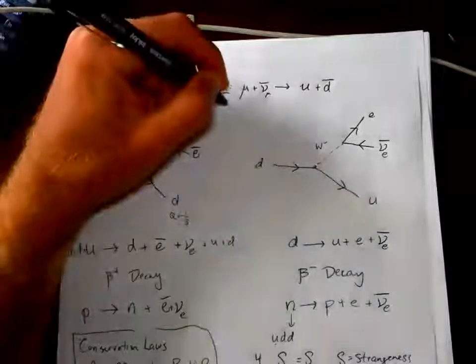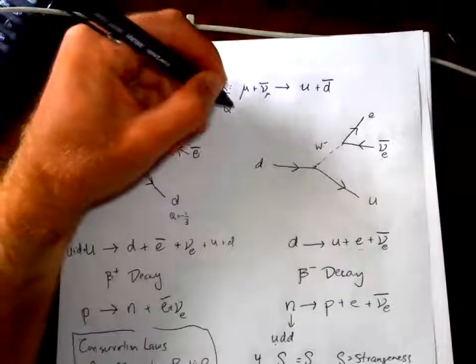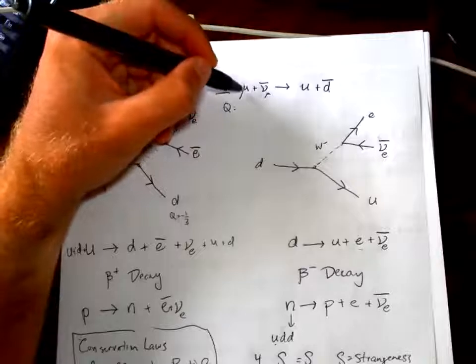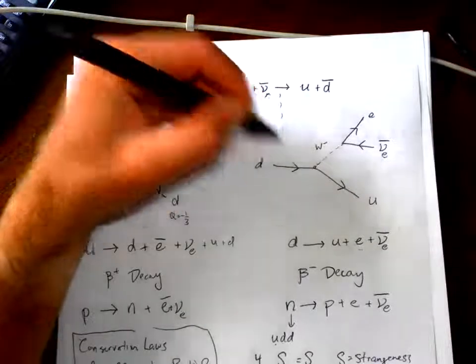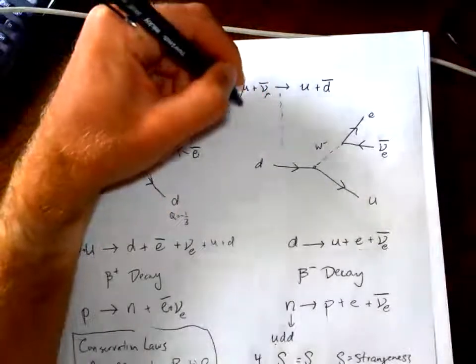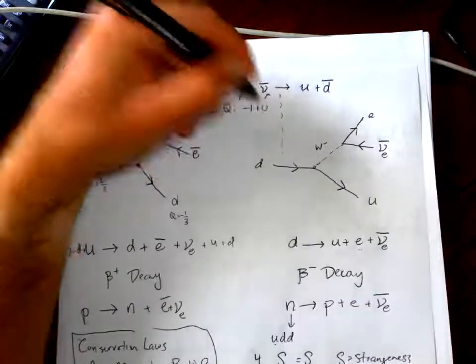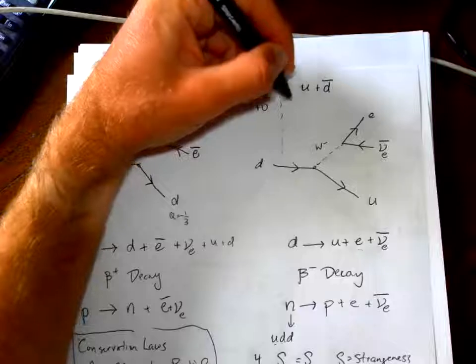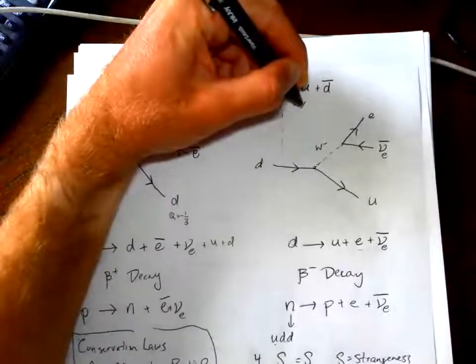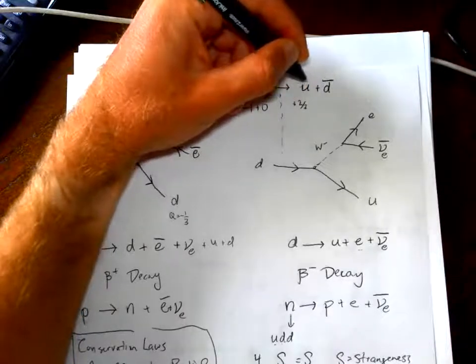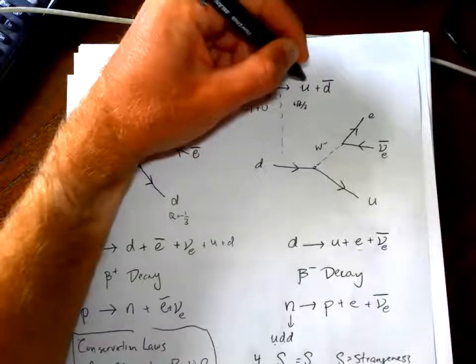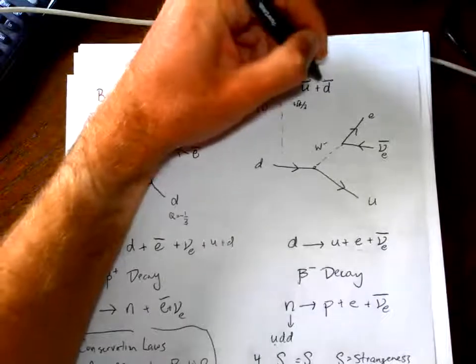Is electric charge conserved? Well, the charge of a muon is -1. The charge of a muon neutrino is 0. The charge of an up quark is +2/3. Actually, let's make this an anti-up and a down.